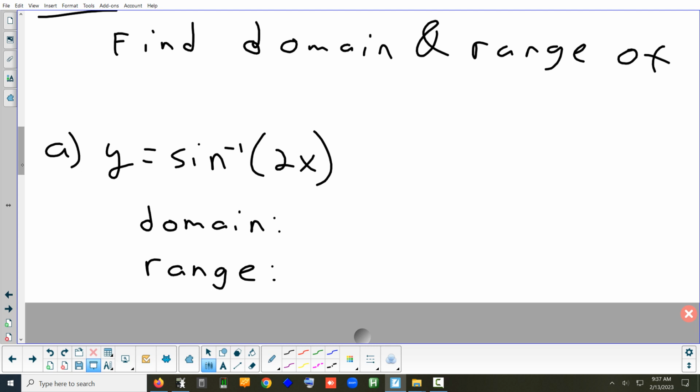What does B do? That's a horizontal stretch or compression. If you stretch and compress things horizontally, does that change domain or range? The domain. That means this 2 has no effect on the range. We can look up our notes, look at the inverse sine, look up the range, and just write down what I gave you for range, because that's not changing.